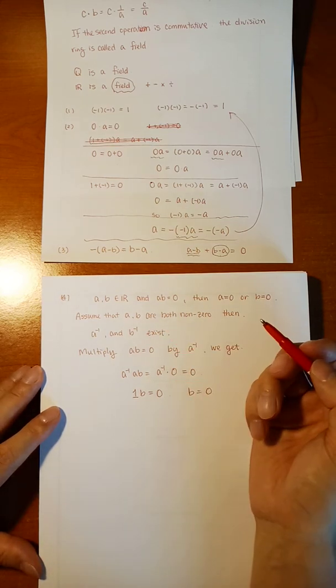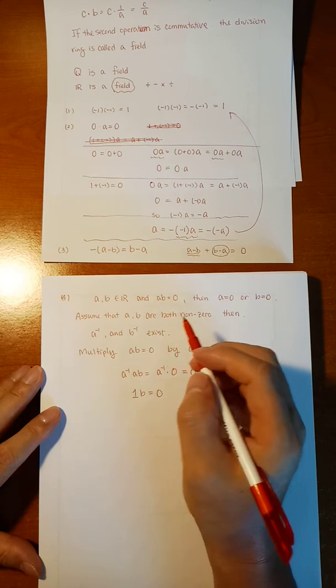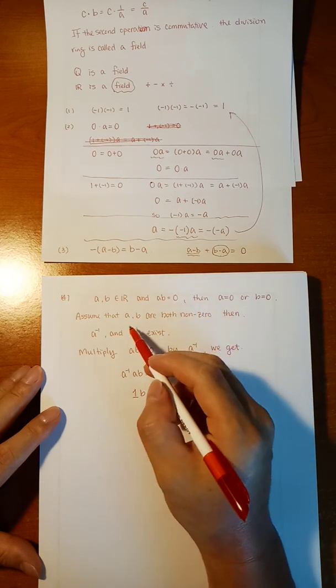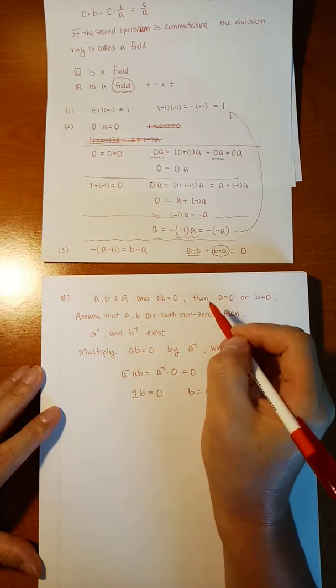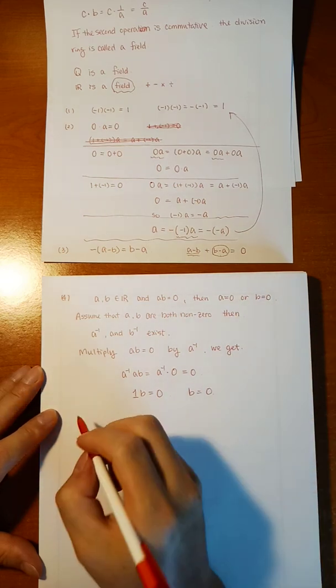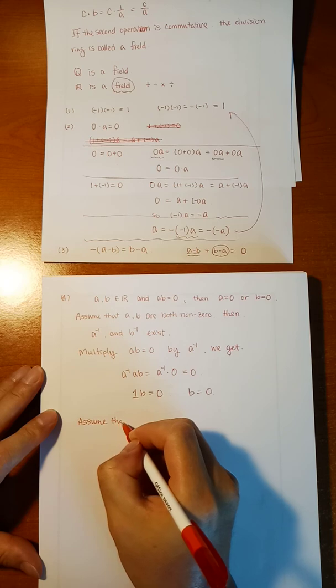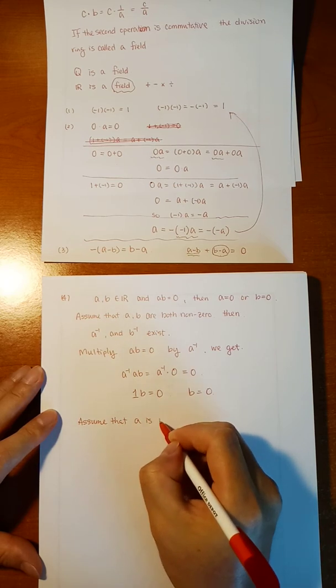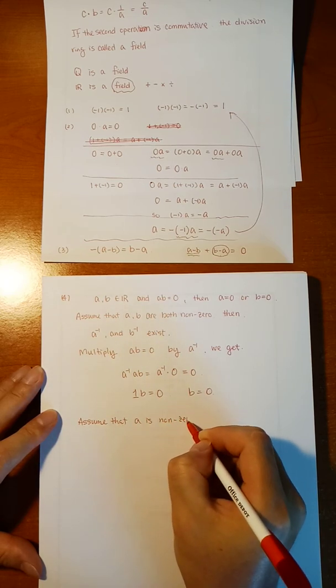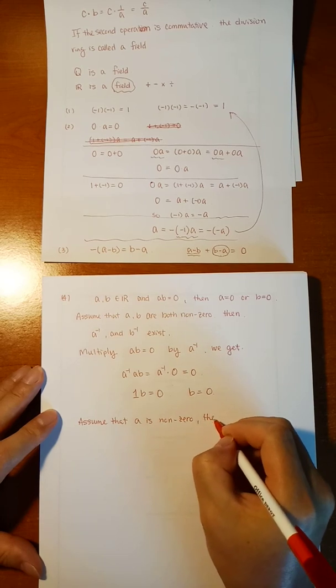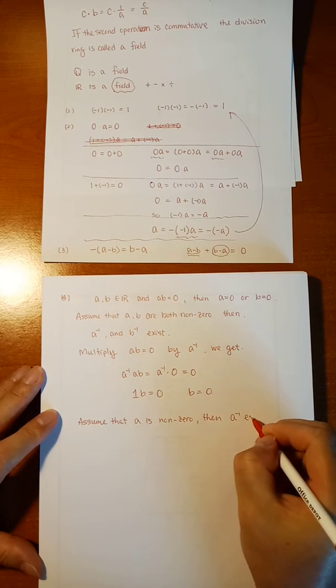Actually, my proof is not very good. We actually only need to assume A is non-zero, right? Let me rewrite it. Assume that A is non-zero. Then A inverse exists.